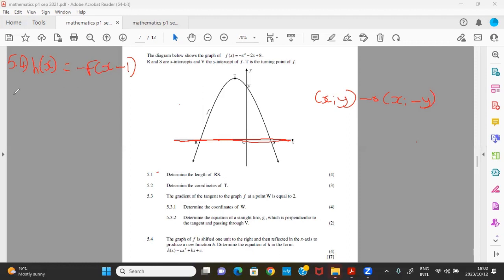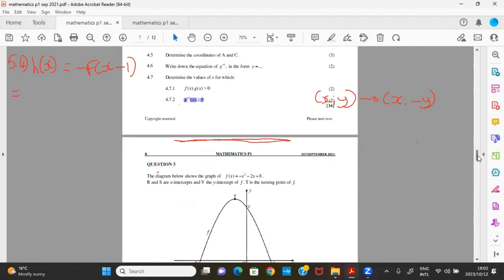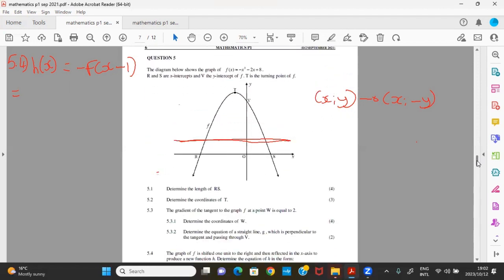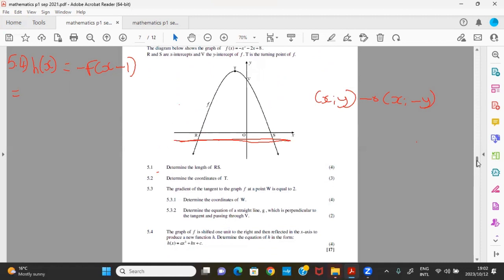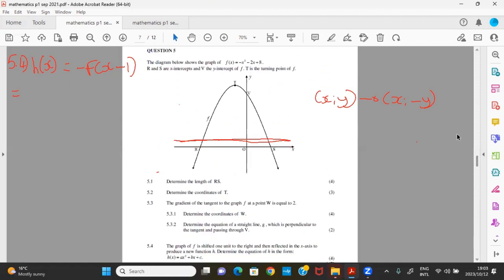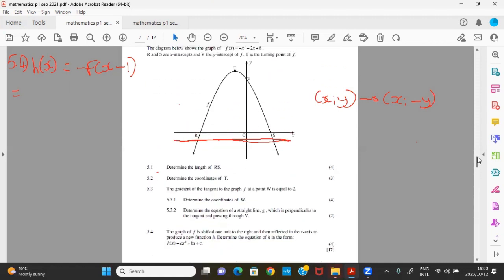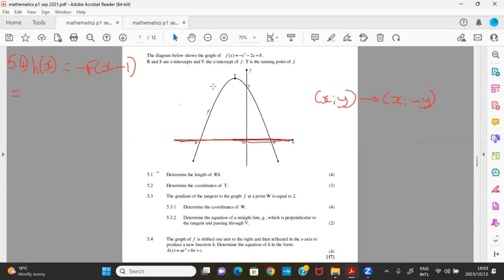It will be equal to. Now I'm just going to write down my f, right? My f is minus x squared minus 2x plus 8. So minus x squared, but this is the first negative, right?